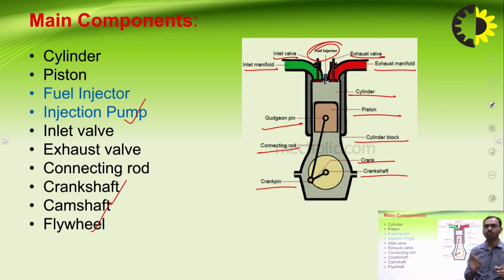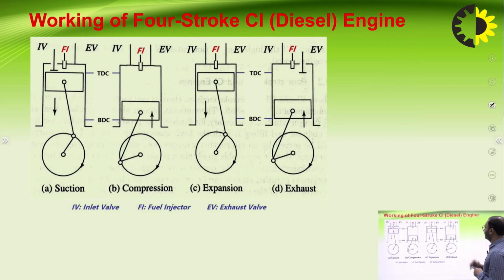These are the two main differences between them. Here, in the suction stroke, air alone comes into the cylinder, whereas in the SI engine an air-fuel mixture comes during the suction stroke. These are the main differences between the 4-stroke SI and CI.